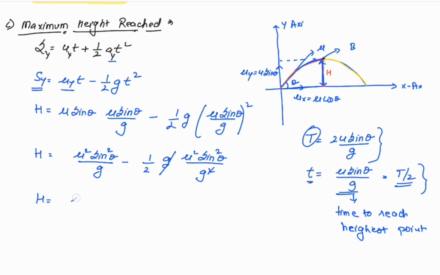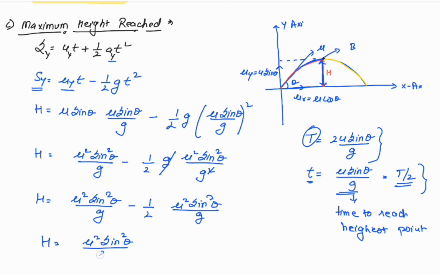You will get H is equal to u square sin square theta upon g minus half of u square sin square theta divided by g, which will be equal to how much? u square sin square theta divided by 2g. This is the formula for the maximum height of the projectile in this case. In a simple projectile motion, this is the maximum height the projectile has reached. And this is the time taken by the projectile to reach the maximum height, half of the flight time.